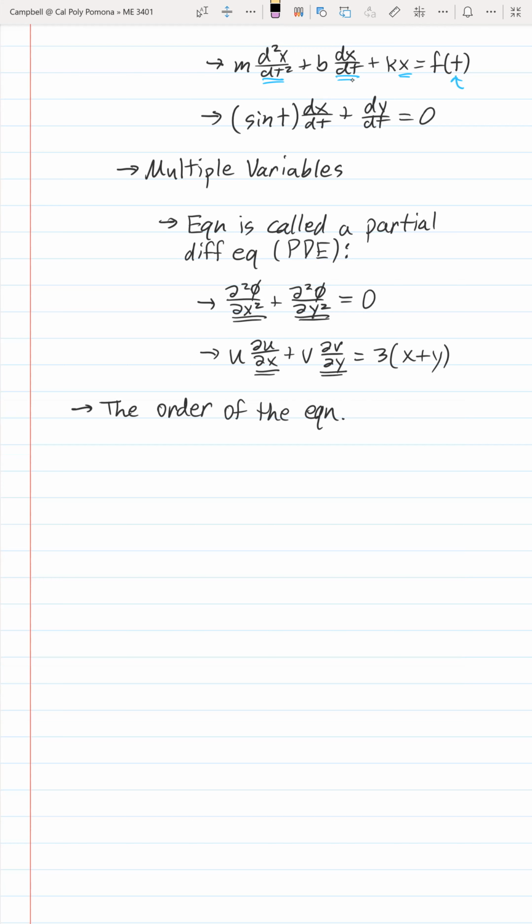So the order of the equation is just the order of the highest derivative in the equation.